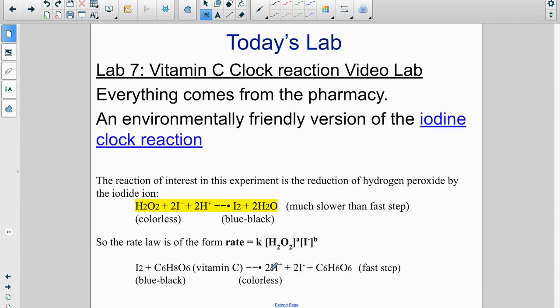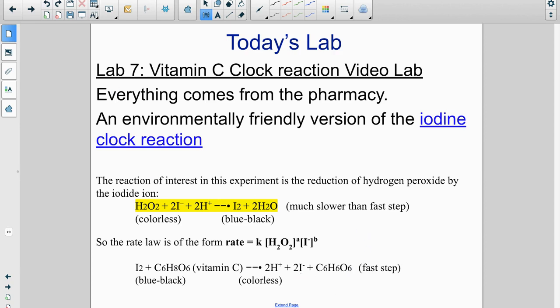So we'll base the initial rate of this reaction on when this vitamin C is consumed. At that point, the iodine will start accumulating, which will keep the solution blue-black. There is also starch indicator that binds with the iodine to create a blue-blackish solution color.